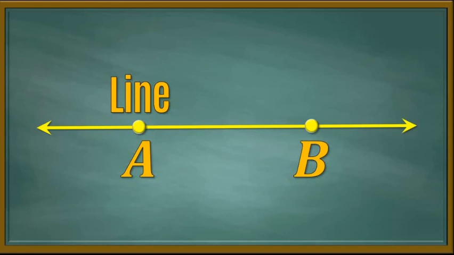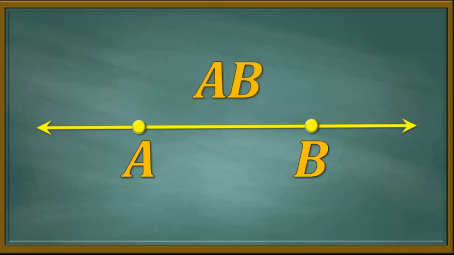In symbols, we write the name of this line using the 2 identified points on it, A and B, with a line with arrowheads on both ends above the letters. This is read as line AB. Now, when naming lines, the order of the letters is not important.